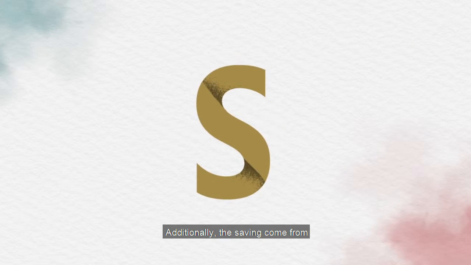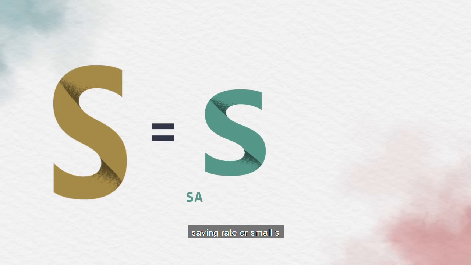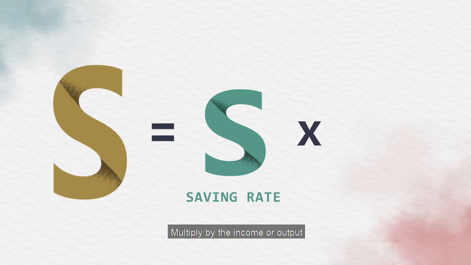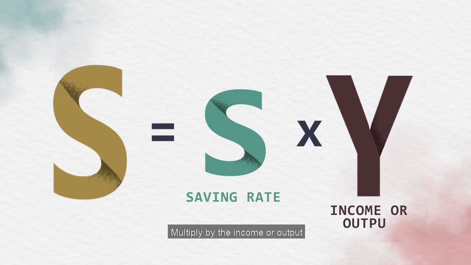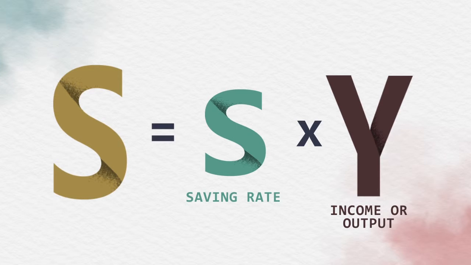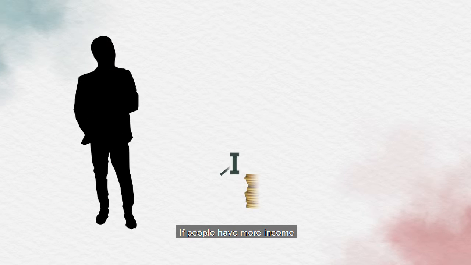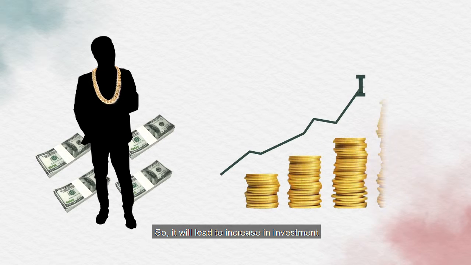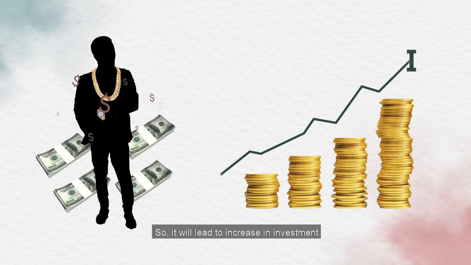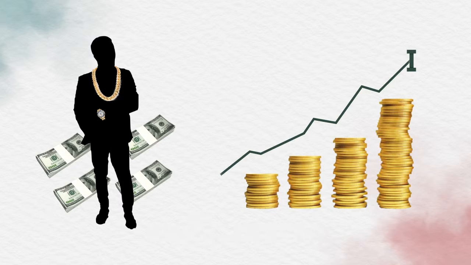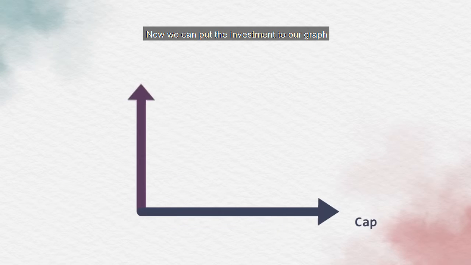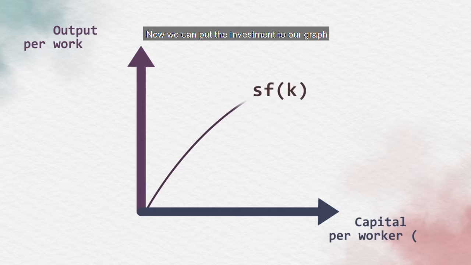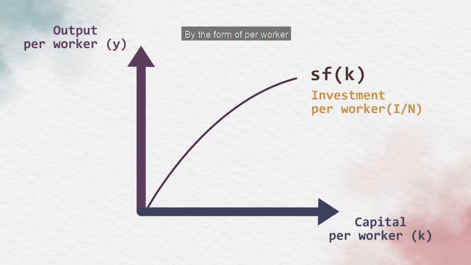Additionally, savings come from the saving rate, or small s, multiplied by the income, or the output. If people have more income, they will save more, so it will lead to an increase in investment. Now, we can put the investment on our graph in per worker form.